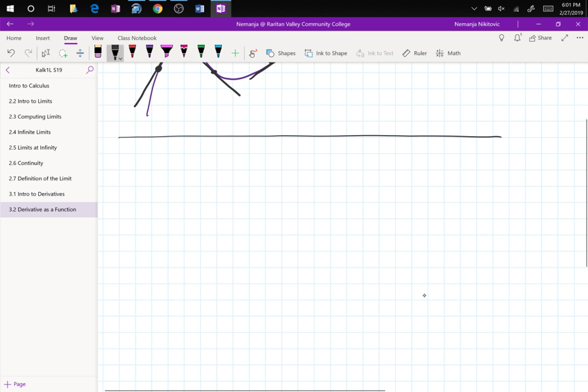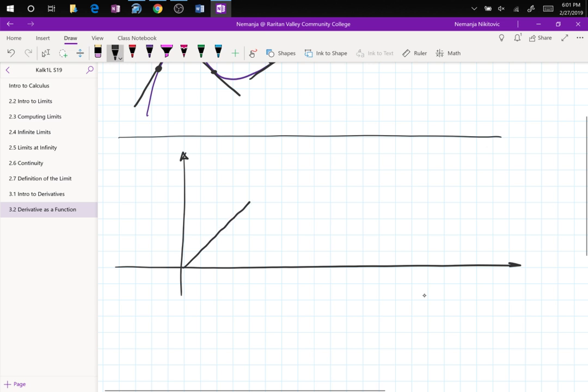So let's take a look at the simplest example first. Let's say that we go at 45 degrees 4 units. Then we go 3 units like that.